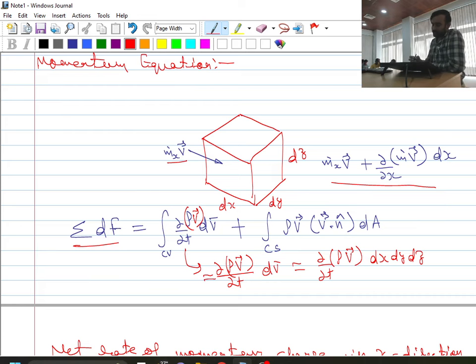For a control surface, from the Reynolds transport theorem, the integral over the control surface is ρ times V vector. This V vector is the vector of velocity, and ρ V·n cap dA is equivalent to the mass flow rate.